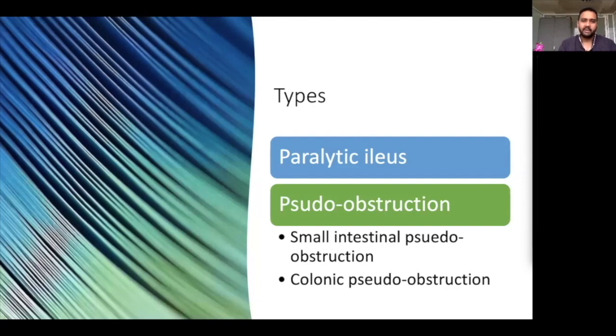There is some small portion of small intestinal pseudo obstruction also, but that is very, very rare. Mostly we will discuss colonic pseudo obstruction when we consider pseudo obstruction. So there are two types of adynamic intestinal obstruction: paralytic ileus as well as pseudo obstruction. Pseudo obstruction can rarely occur in the small intestine, but mainly affects the colon.